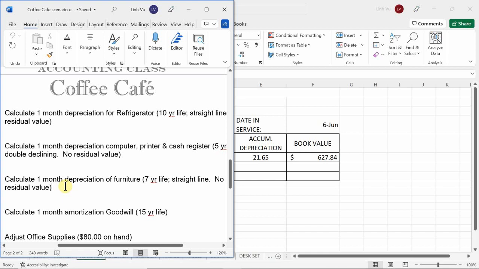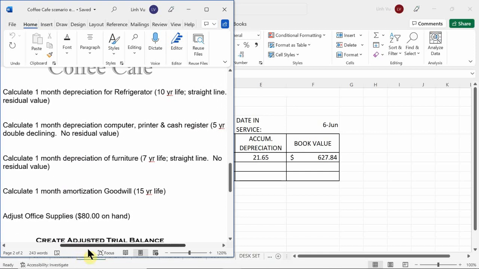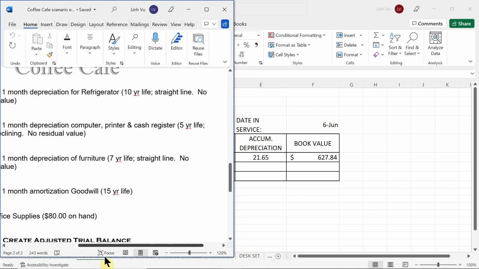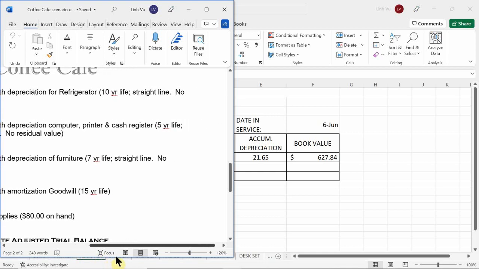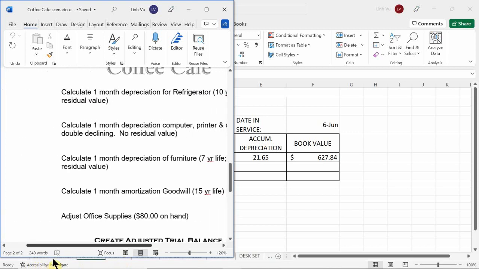Okay, so let's see. We already got the depreciation for the computer, the printer, and the cash register. Okay, so now we need to depreciate 1 month of the furniture. So the furniture has a lifespan of 7 years, and we want to do straight line with no residual value.